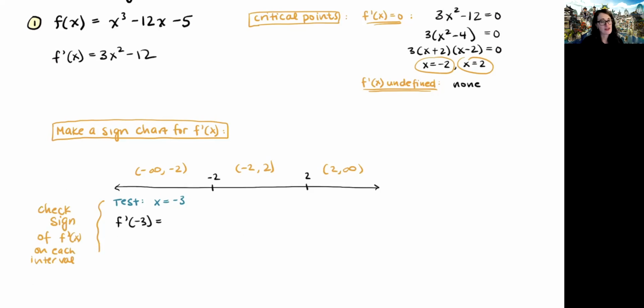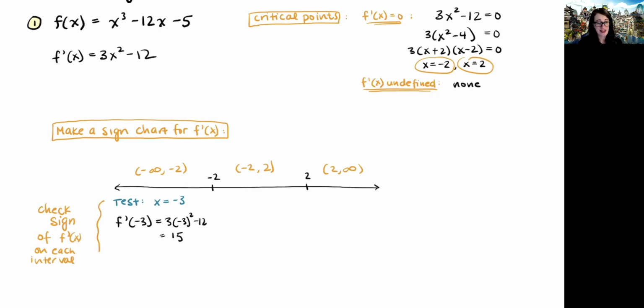The derivative is 3 times x squared minus 12, so that'll be 3 times negative 3 squared minus 12. Negative 3 squared is 9. 9 times 3 is 27, and 27 minus 12 is 15.